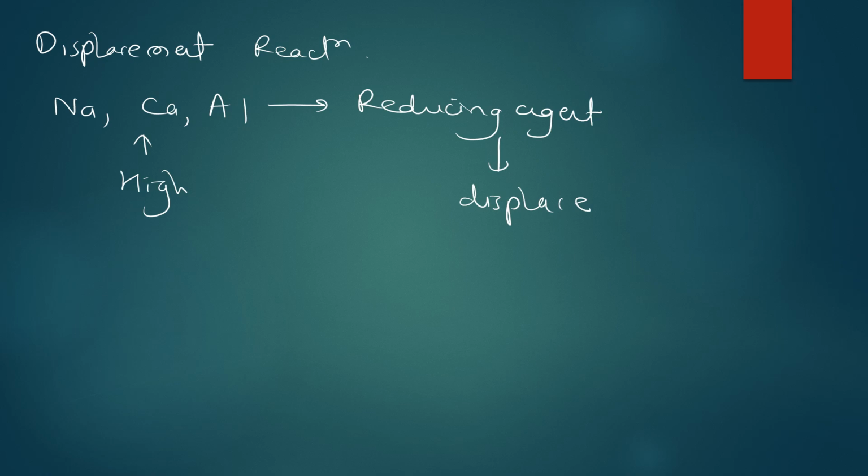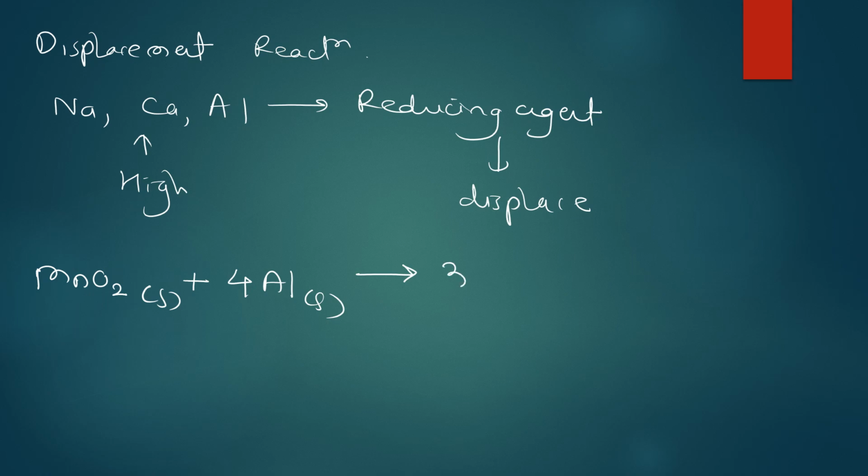Take the example of manganese oxide, MnO2, which is in the solid form, plus we are using here aluminium powder. Then what will we get?